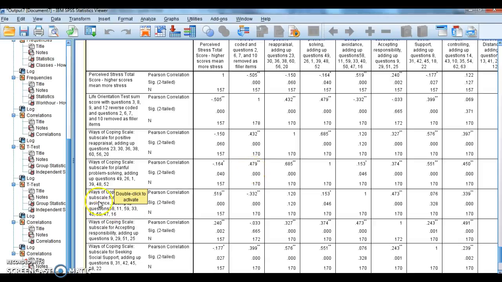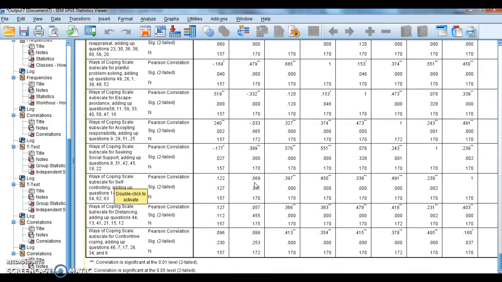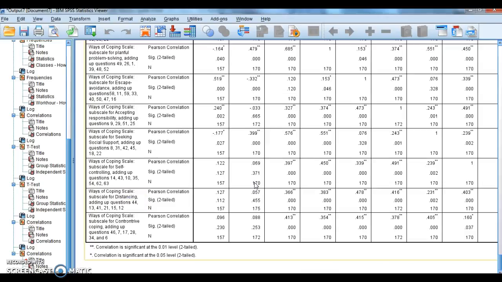In contrast, avoidance coping is not a very good way of coping, and we see people who avoid more have higher perceived stress and also have lower optimism. I have provided these highlighted, the significant ones, so you can go through them for your write-up.